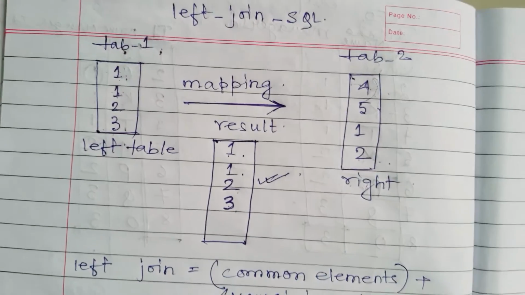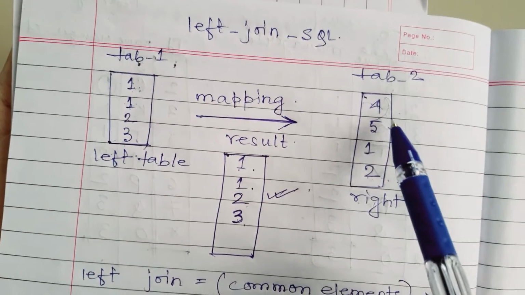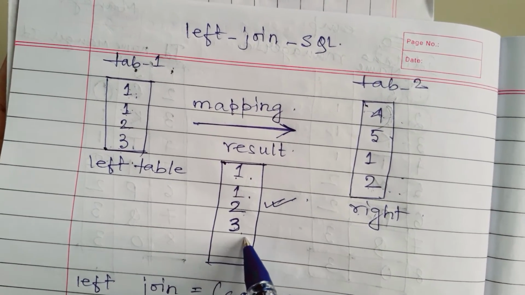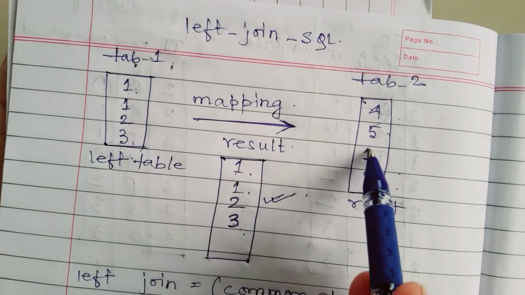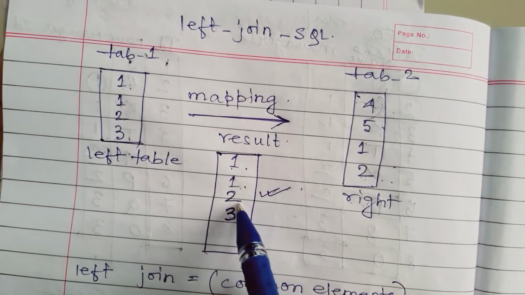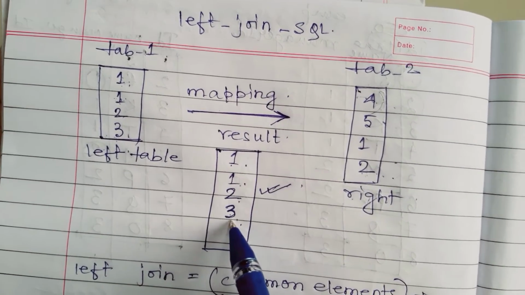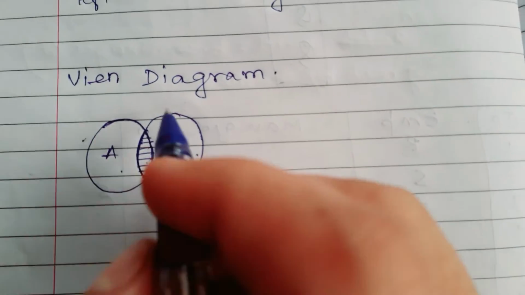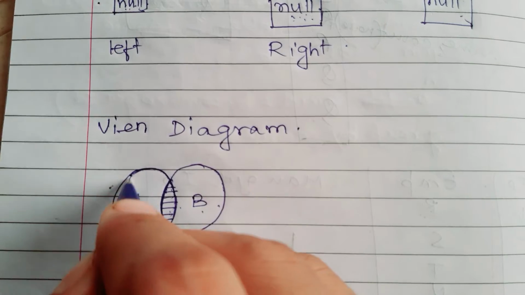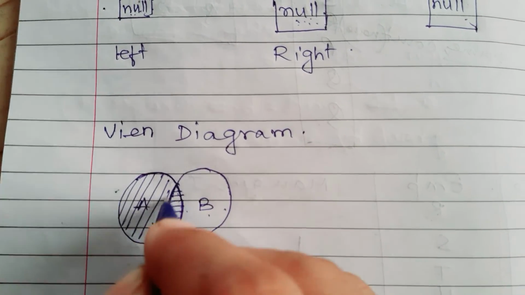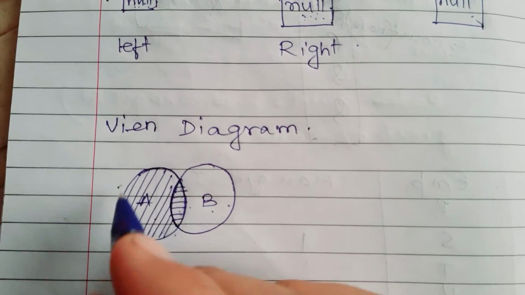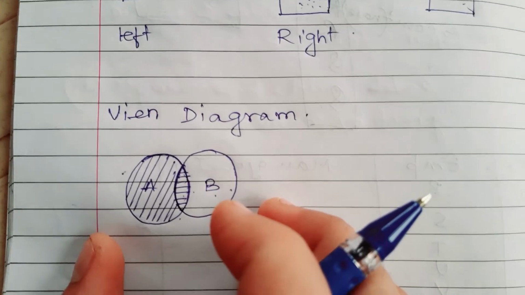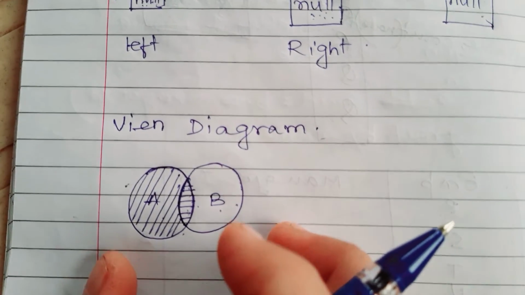In the same way, in this result set, 1 was common in both the tables, 2 was common in both the tables, but 3 was not common in both the tables. So this is the common part and this is the remaining A. A is the left table, so this will also be a part. So this entire shaded region will be the result set of the left join of these two tables.